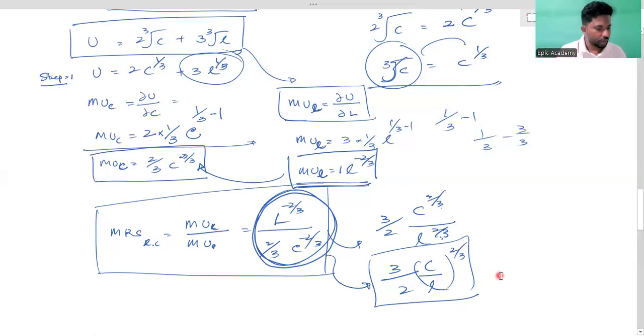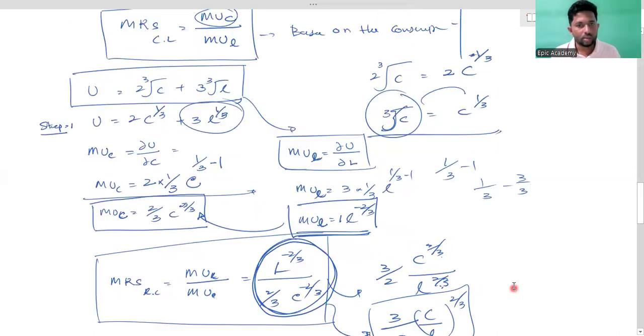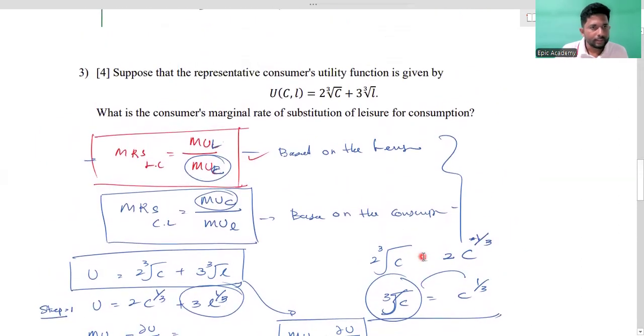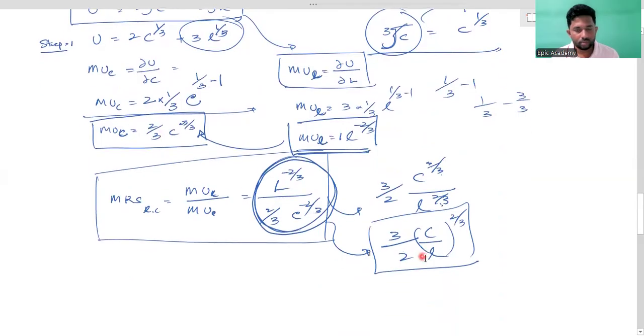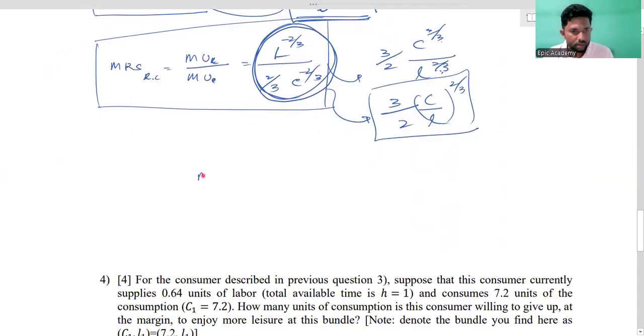Right? Okay. The question asks what the consumer's marginal rate of substitution relation is. Complete that one. This is the MRS with respect to L and C, 3 divided by 2, C divided by L, to the power 2/3.